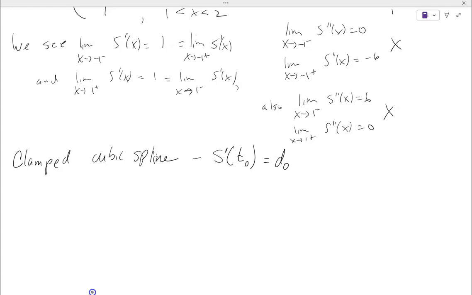In the book, it calls it a D. Well, then you can probably guess what it's doing at the right endpoint, right? If you're going to force a particular slope on the function at the left point, then you're also going to force a particular slope at the right endpoint, right?